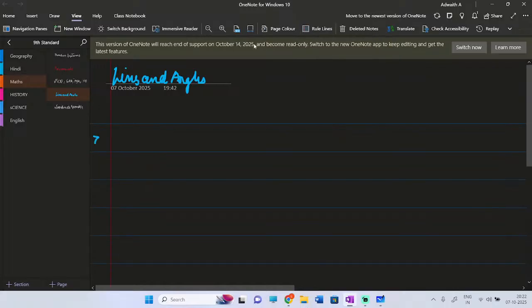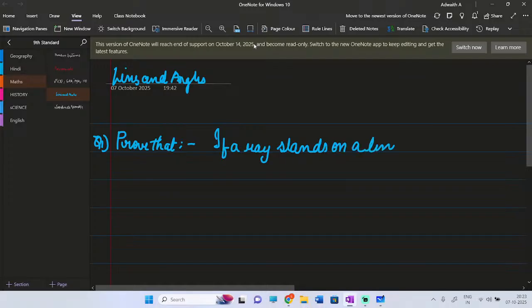Right, guys. Question number 1. Prove that if a ray stands on a line AB, then the sum so formed is 180 degree.